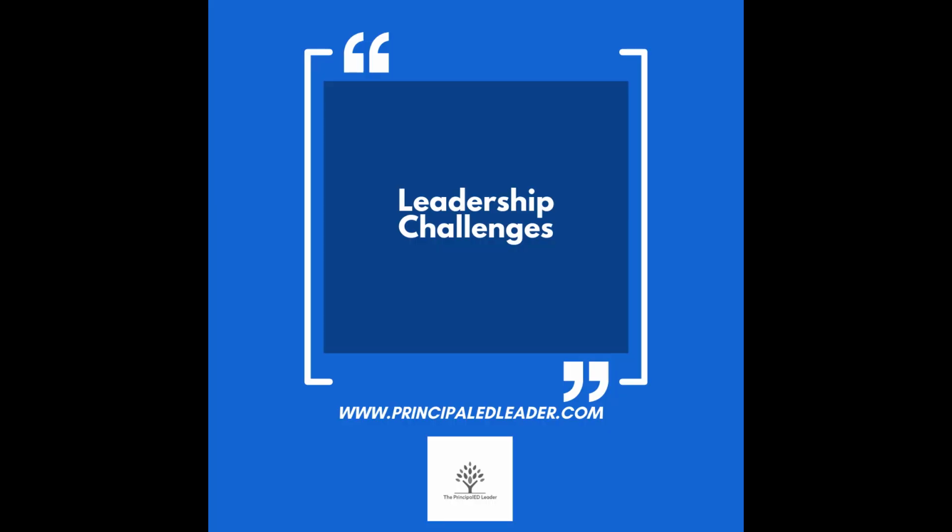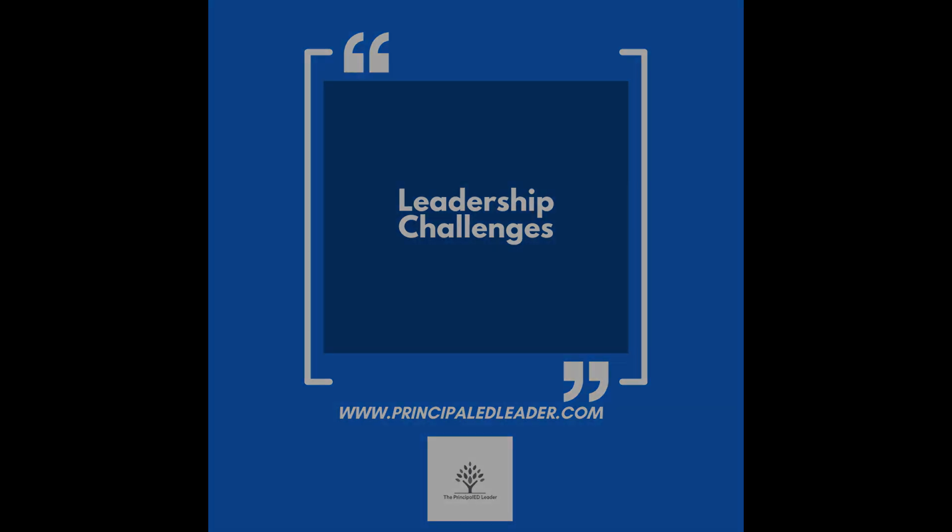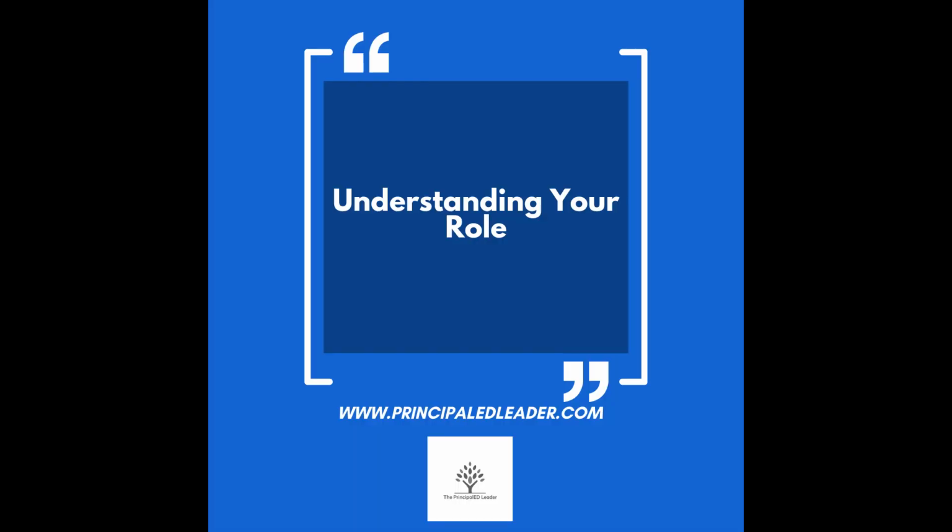Okay, everybody, we're going to jump right in with section number 1, leadership challenges. So the very first thing as an assistant principal that you want to know in order to be able to thrive in your job is to understand your role. The role of an assistant principal is to help the principal execute on their vision. Whatever that principal's vision is for the direction that they want to take the school, it is your job to support that.